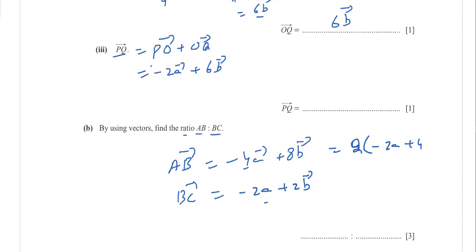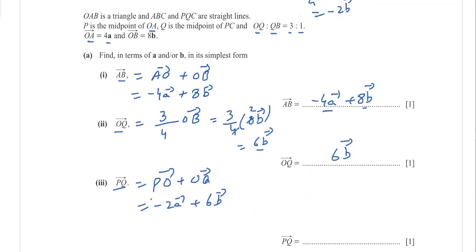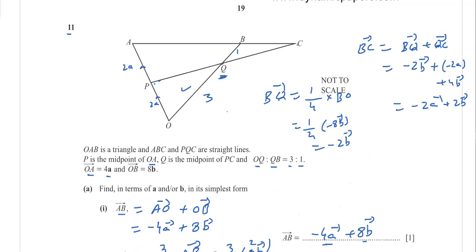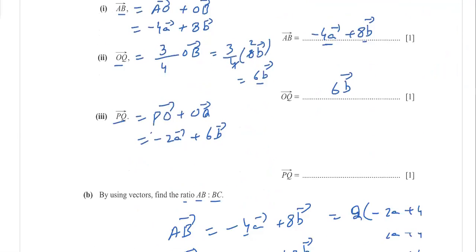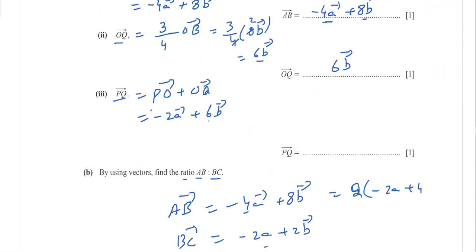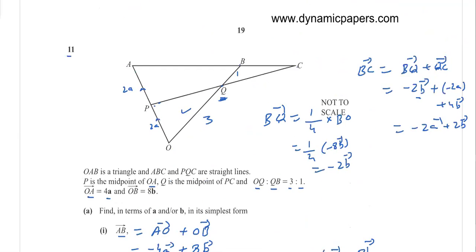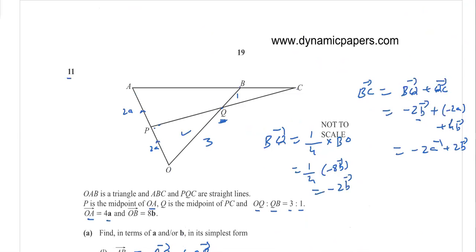No, it will not be. We made a mistake somewhere. Let me check. BQ is minus 2B and QC is minus 2A plus 4B. No, it was 6B. That was the mistake. Sorry, it was 6B, so then this will be 4B. Now it's okay.